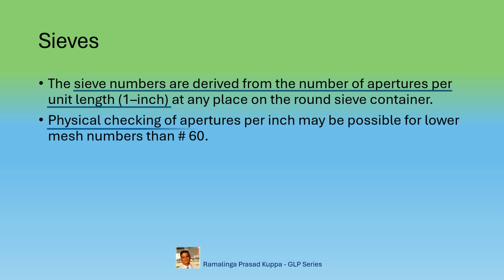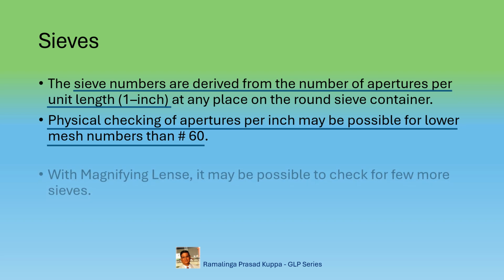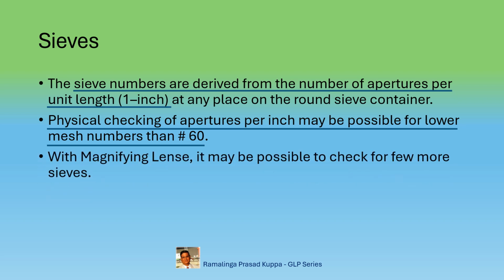Physical checking of apertures per inch may be possible for mesh numbers lower than the 60 number mesh. This is because the number of apertures is less, and with the naked eye the apertures per inch could be counted easily. With a magnifying lens, it may be possible to check a few more sieves.